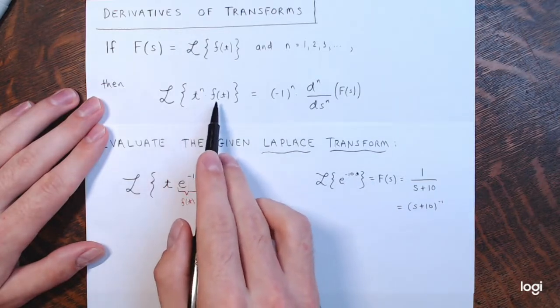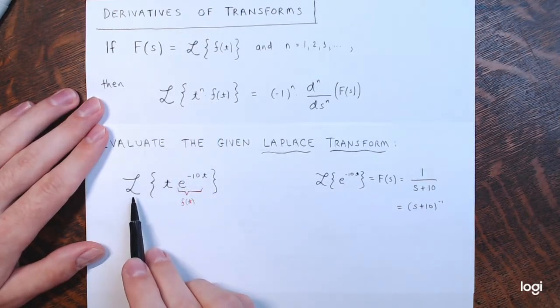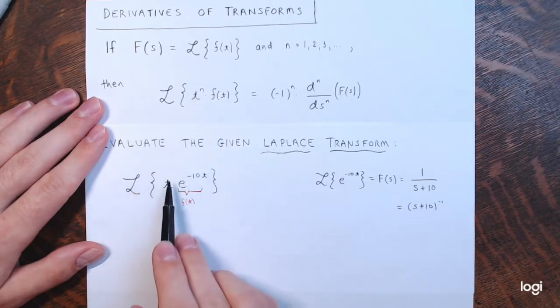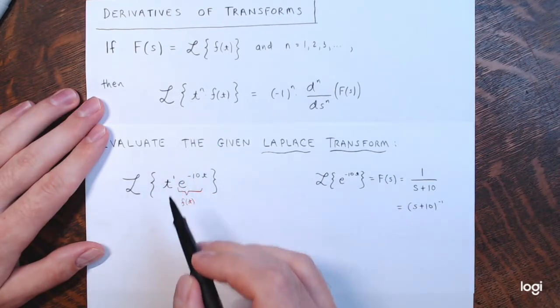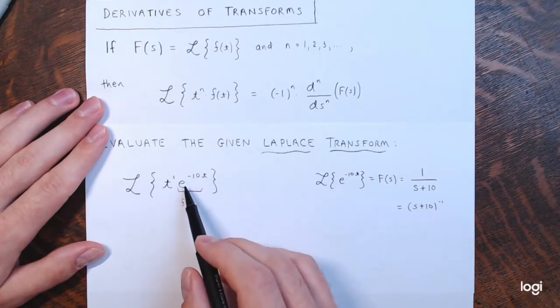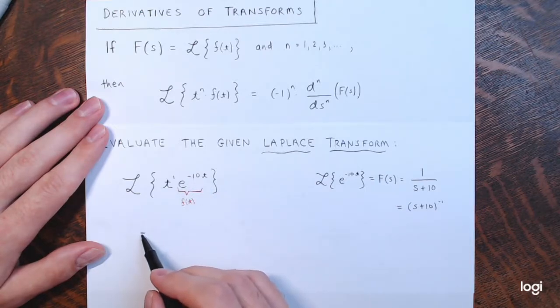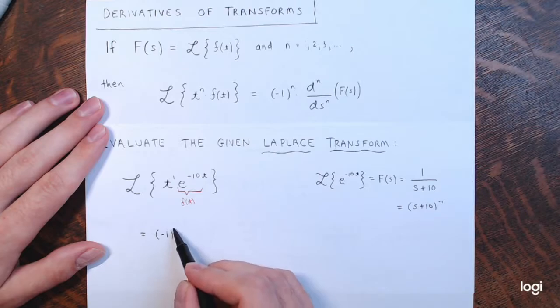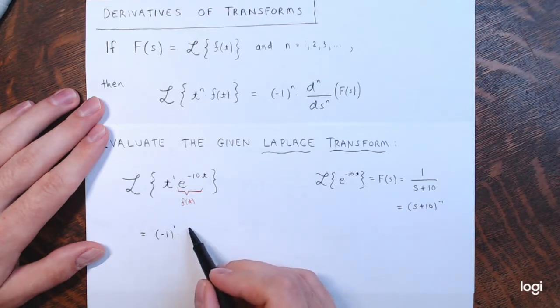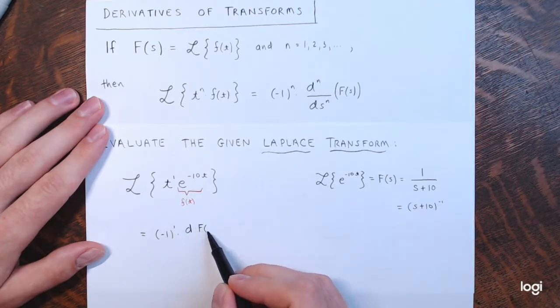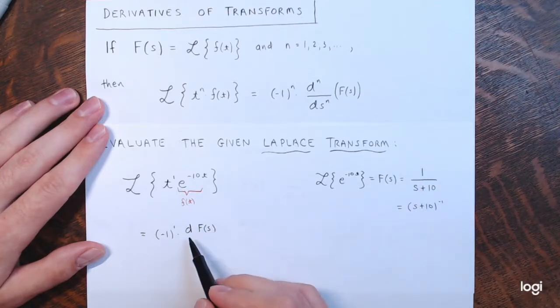And then according to our rule, the Laplace transform of t to the first, n is 1, times this e to the -10t would be -1 to the first times the first derivative of F of s, which I found over here, with respect to s.